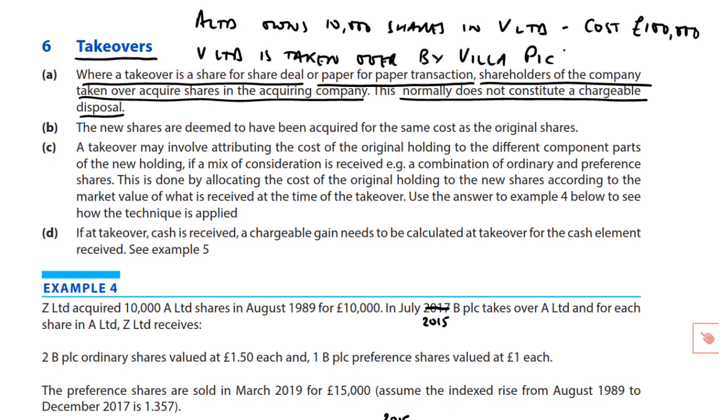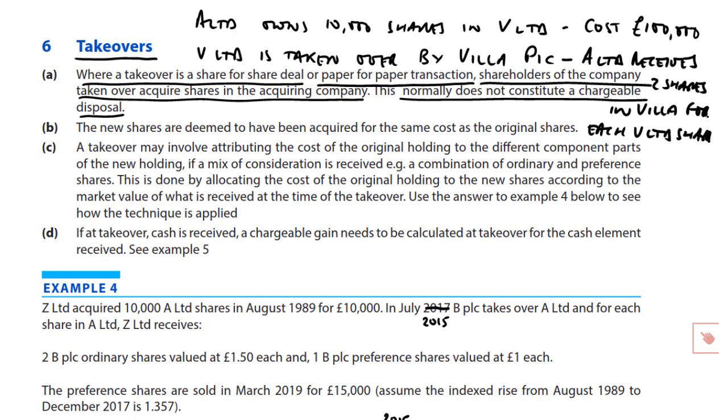Now, of course, this takeover is going to be on a share-for-share deal, and so we're told that the terms of the takeover are that A Limited receives 2 shares in Villa for each V Limited share held.